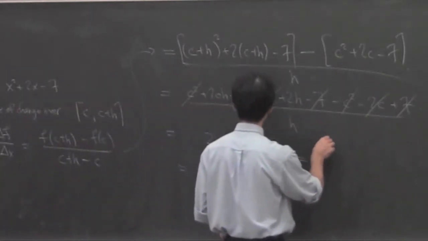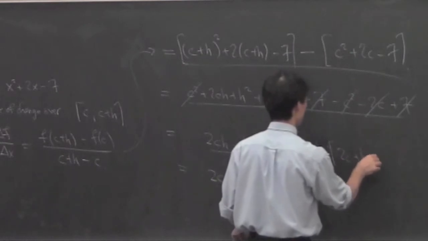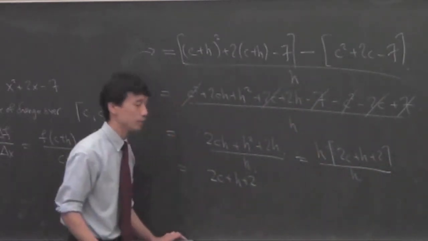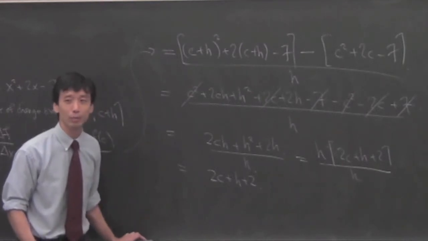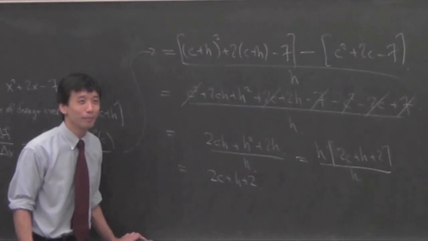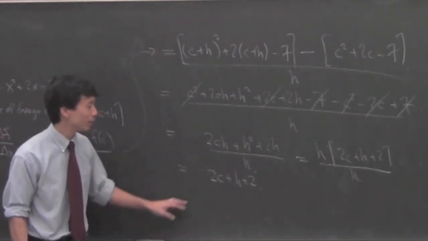This thing is H times (2C plus H plus 2) over H, so you cancel H out of the top.